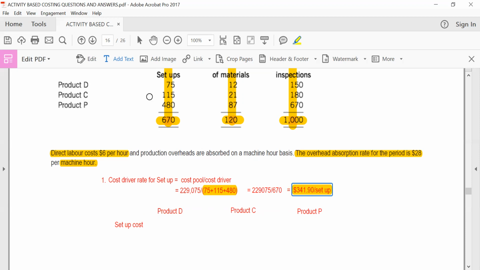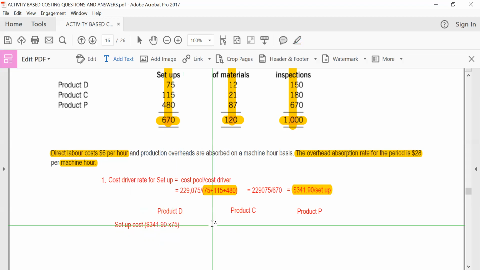So under product D, how do I estimate that? I got the meter, 341.90. I'll use that to multiply 75, and that will give me the first one for product D. Then what about product C?